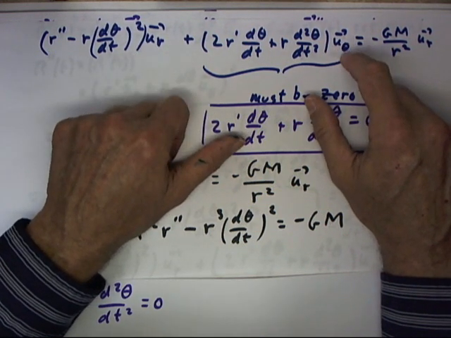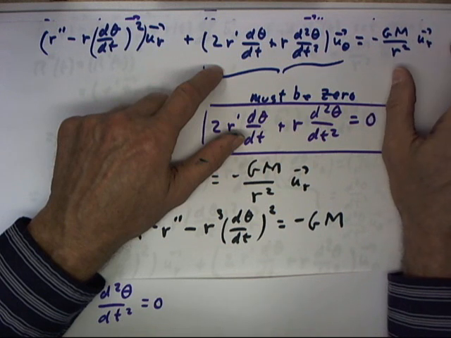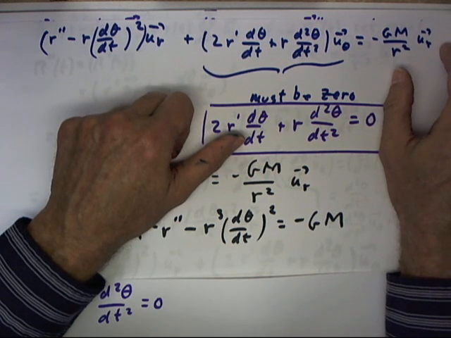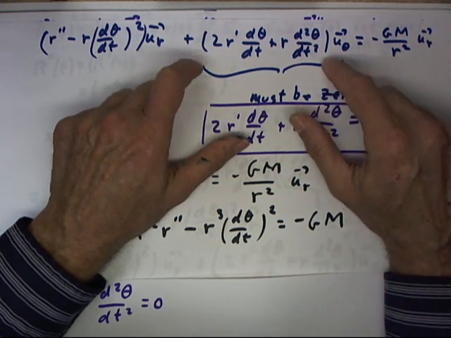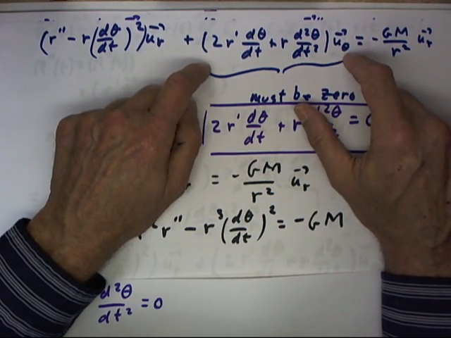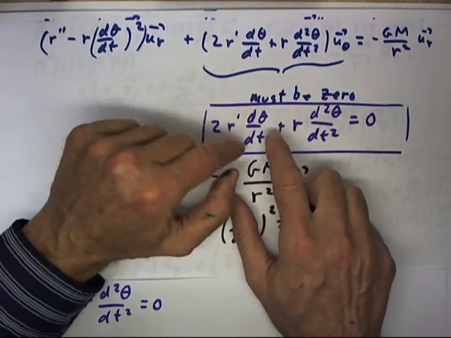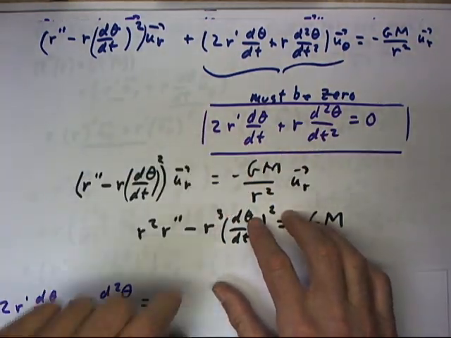Our unit vectors in the r and theta directions have been defined to be perpendicular. So this side has no component in the direction of u_theta. If these sides are equal, that means this side has zero component in the direction of u_theta, so the coefficient of u_theta has to be zero, giving us this equation.